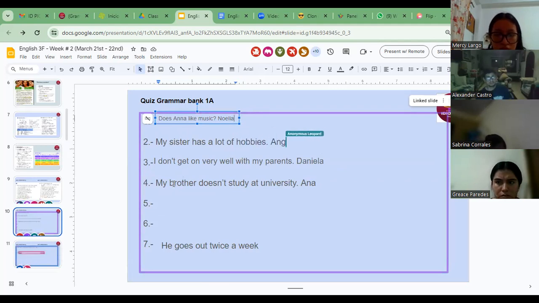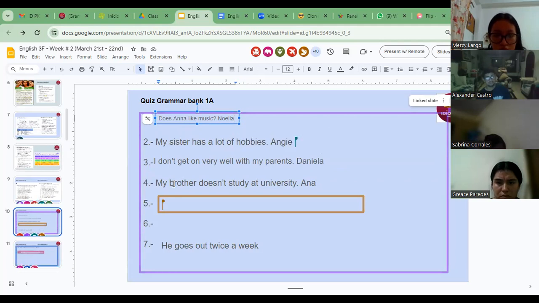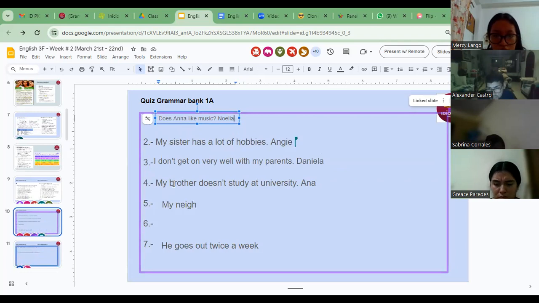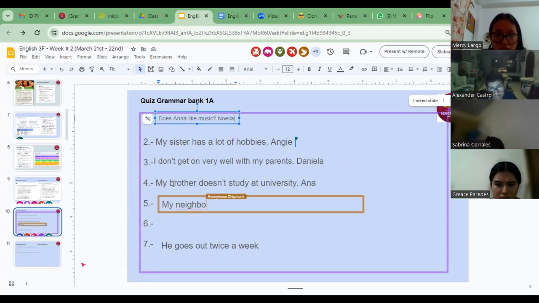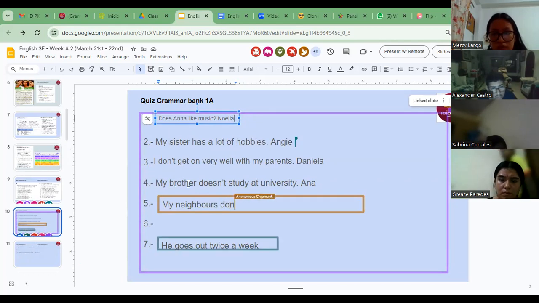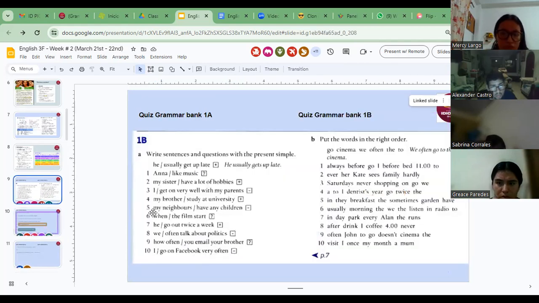Anita, can you read number 4? Yes, and my brother doesn't study at university. Okay, good. Doesn't study, right? Because I'm talking about my brother. Good. What about number 5? I think someone is doing number 5. Let's see. My neighbors have any children, but it's a negative statement.